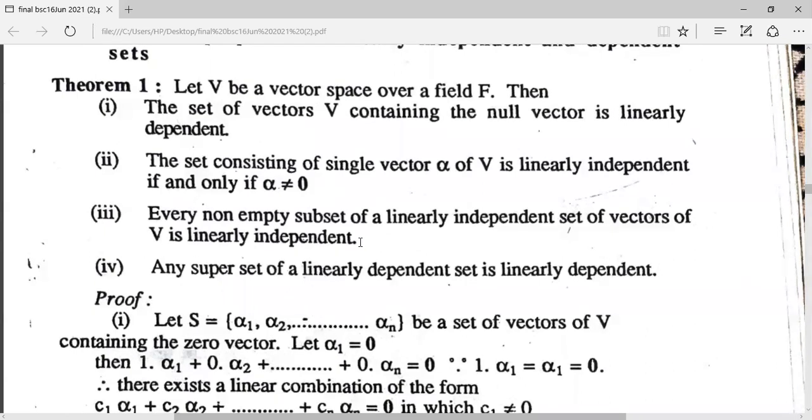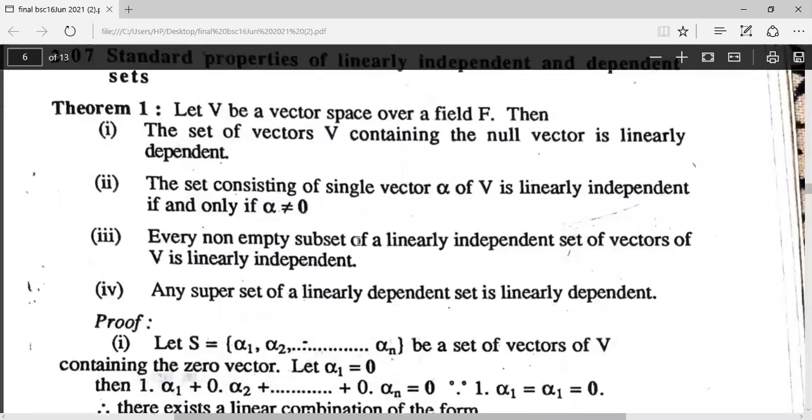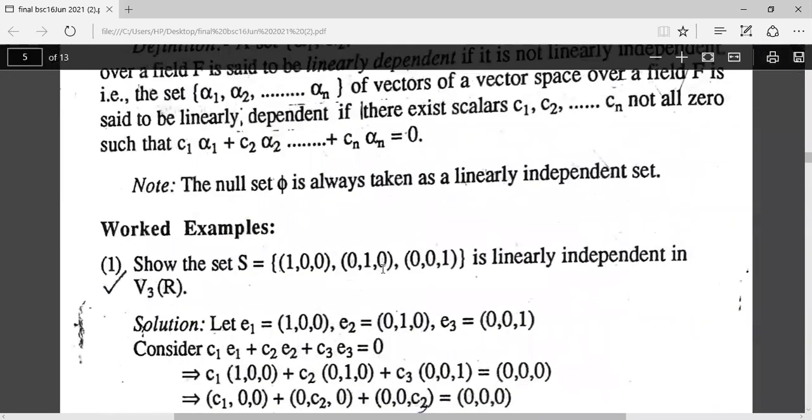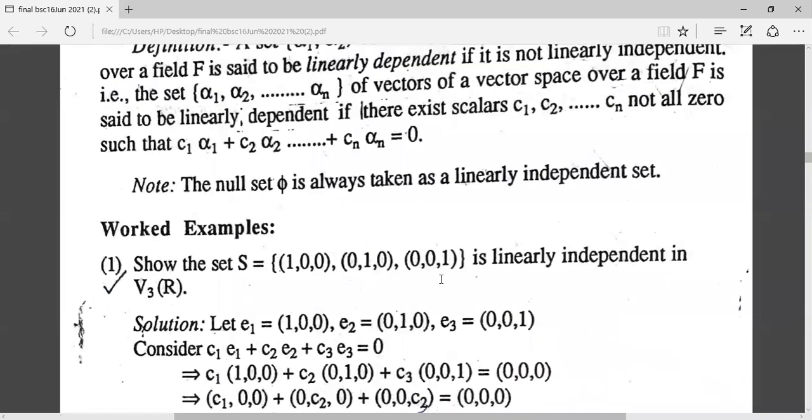This was also cited as an example. What is that example? 100, 010, 001 is linearly independent in V3 of R. Leave out some one vector there, for example 001. Then you remove 001 from this set, and you get another set, you can call that S1, having 100 and 010 alone.